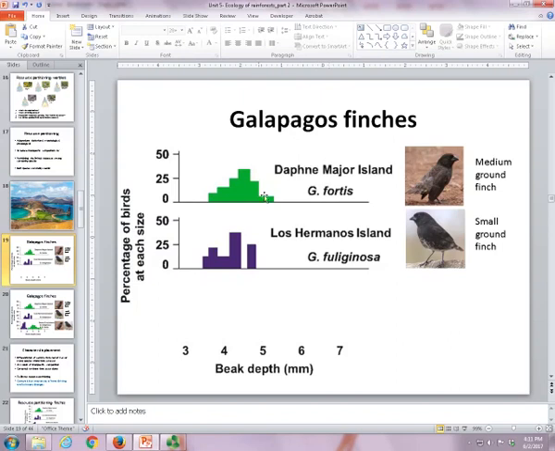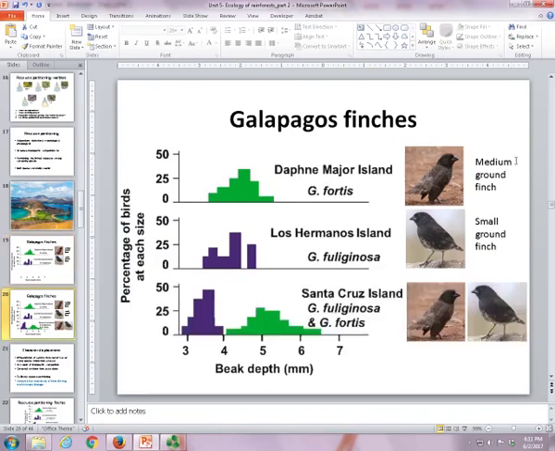So if you correlate that, you can basically conclude that these two different species are feeding the same size seeds in these two different islands. Okay, so now I'm going to show you the data for a third island. This is Santa Cruz, and the only difference is you can actually see both medium and small ground finches in this island. And look what happened.